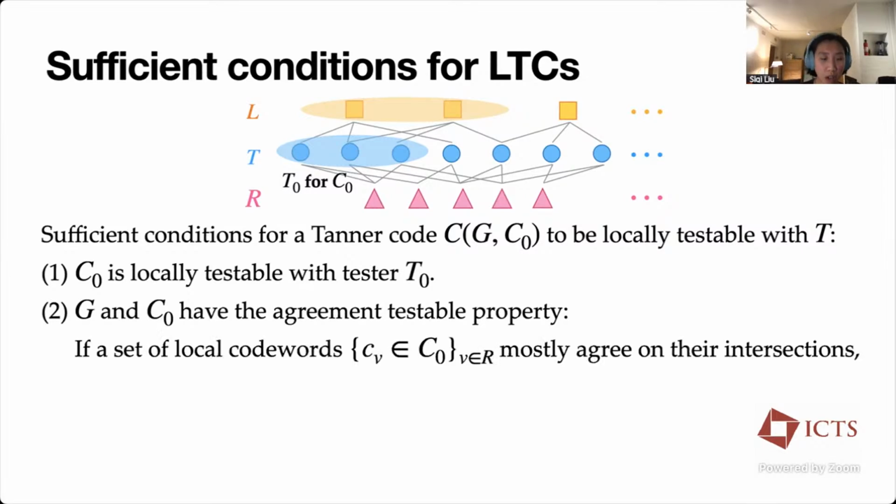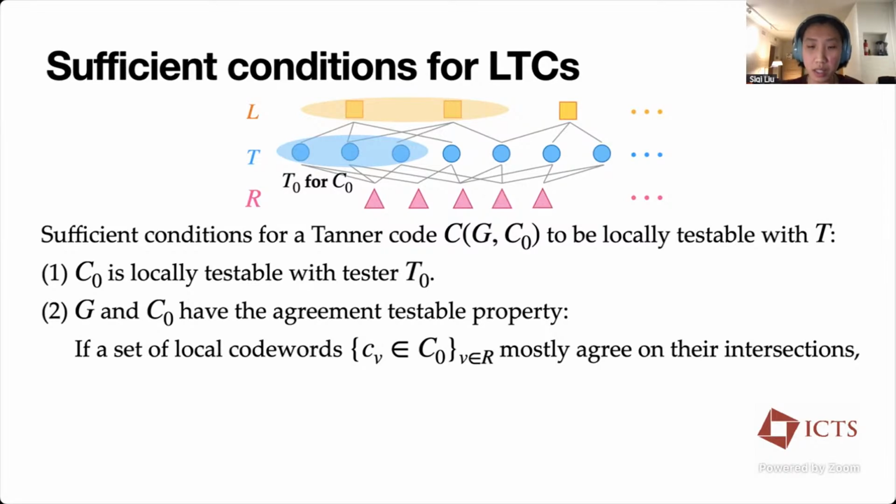So let's recall. This agreement testable property is essentially just saying that given a set of local code words C_v, one for each v that's a vertex inside R, we know that these local code words would have shared coordinates because vertices in R have shared neighbors in the bipartite graph.